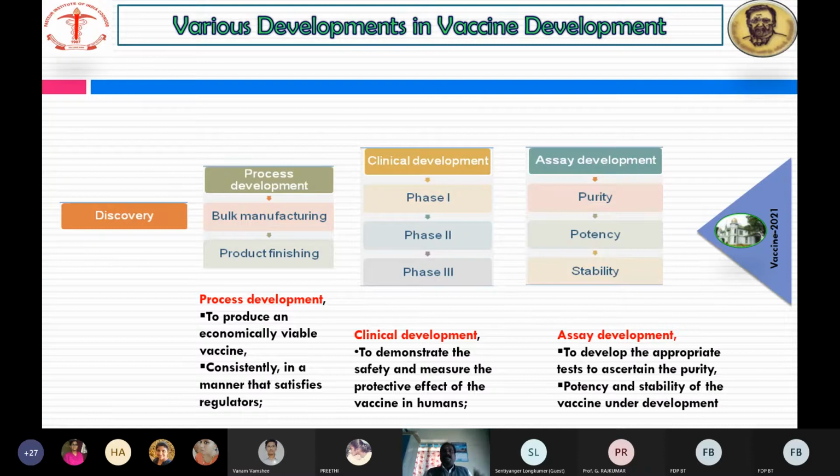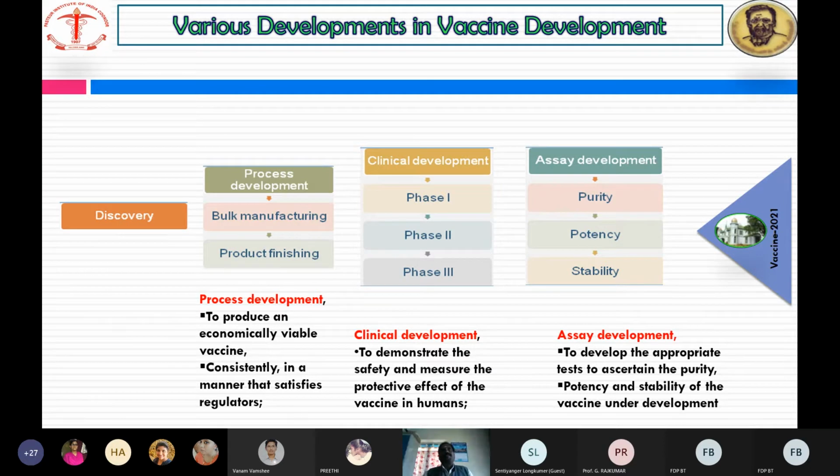And next is assay development. Why is the assay used? To check the immunogenicity, the vaccine potency, and the vaccine stability, we develop an appropriate test. Appropriate means the test should suit the vaccine to ascertain the purity. Purity means the vaccine should not contain any other unwanted material. What happens if other materials are there?